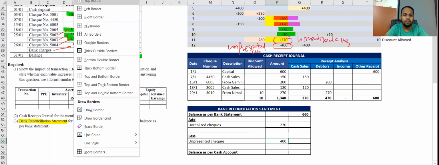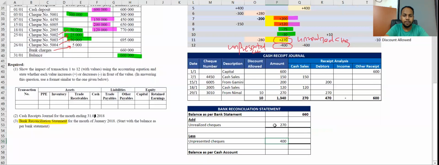Only two transactions will be affecting this. 270 will be added. 400 will be deducted. So the addition gives 930, and after deduction, 530.